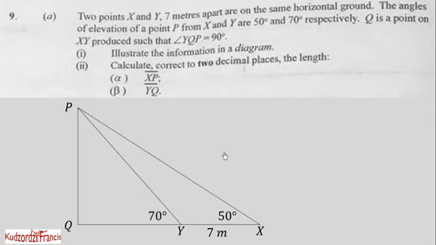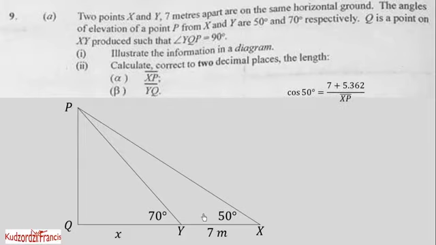What about the first part? For the first part, we have this diagram again, and we found x to be 5.32. So we can use the cosine ratio. XP is the hypotenuse, the bigger hypotenuse.